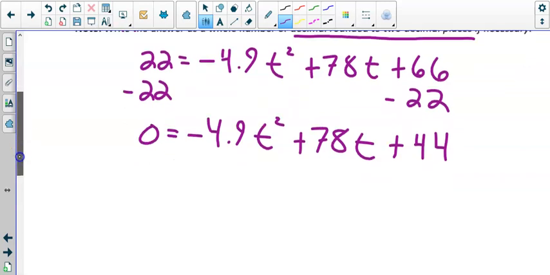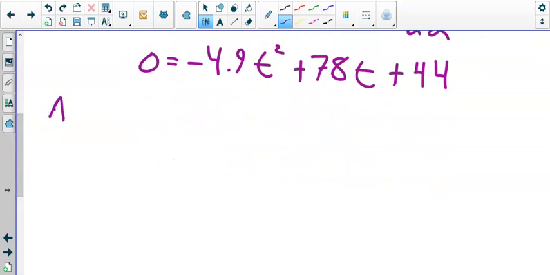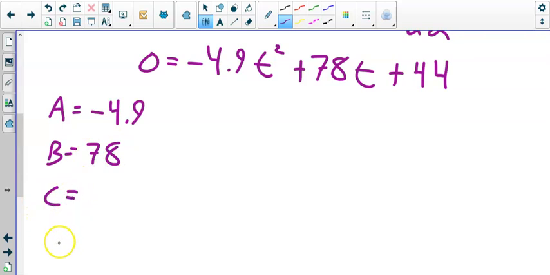Because what value is A? Negative 4.9. What value is B? 78. What value is C? 44. All right.